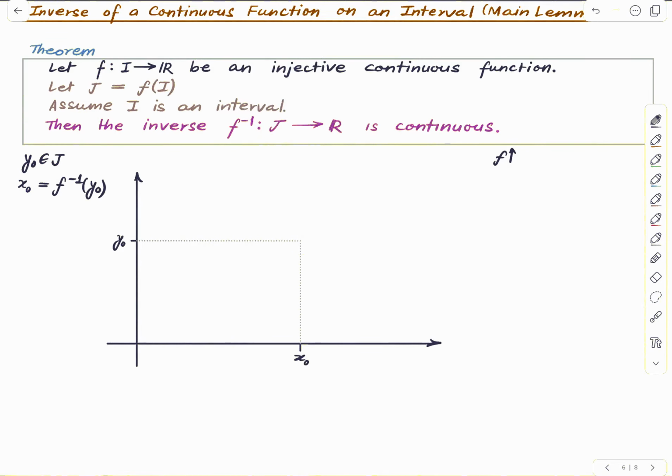Case 1 is that x0 is in the interior of I. Let's recall what is meant by interior.